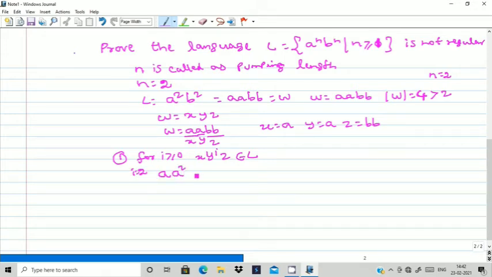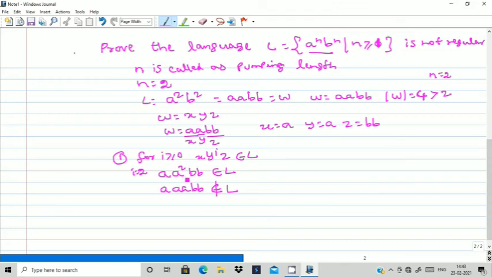So a squared, because y to the power i is a with i equal to 2, and z is bb. Abbreviating, this gives aaabb. What is the language pattern? It should have an equal number of a's and b's, but here I have 3 a's and 2 b's, which does not fit into the language. It does not belong to the language.